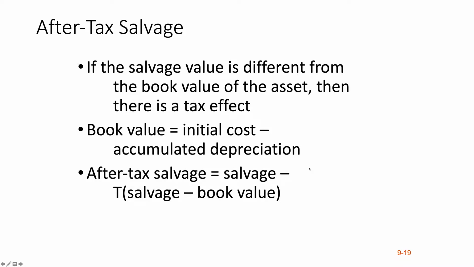And the after-tax salvage value. On the book, the machine has zero value, but we know on the market that machine or equipment might have some kind of salvage value, like a used car or used machine. Now we have a problem because on the book you write off to zero, but it still has salvage value.